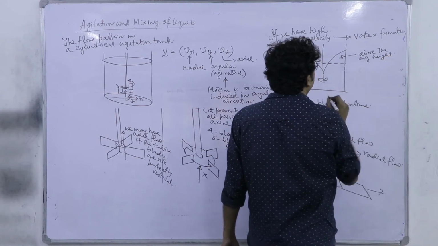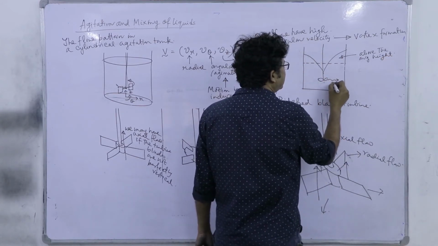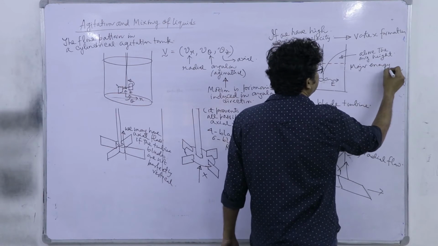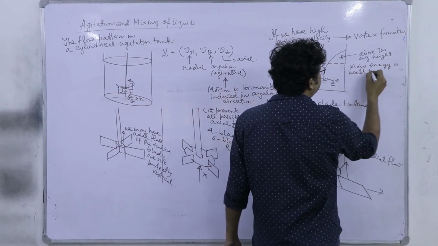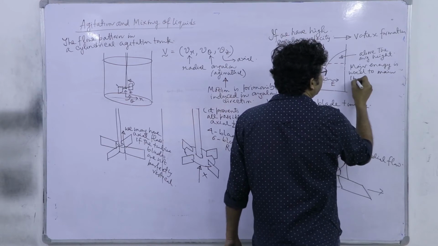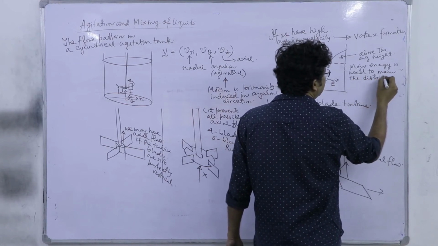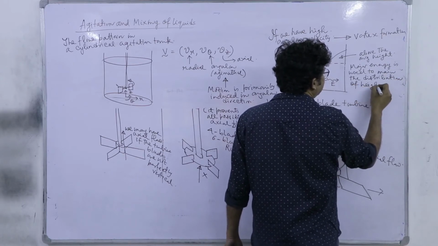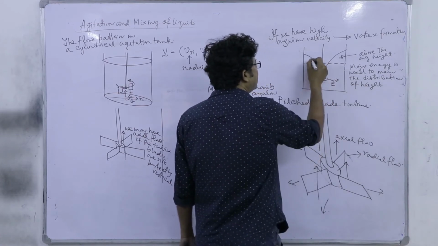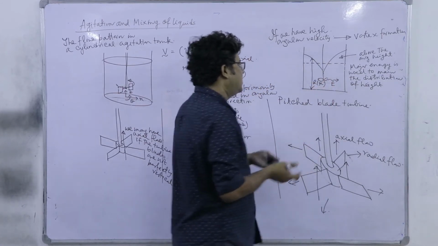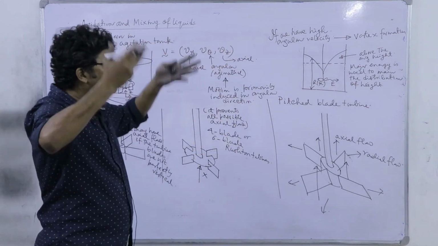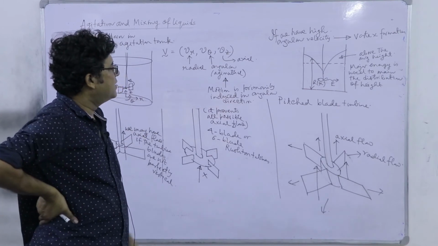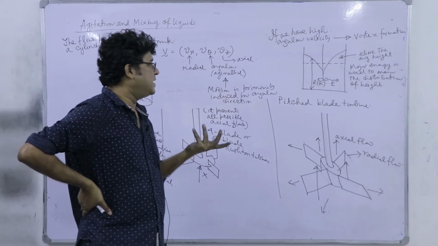Whatever energy you are giving to the system, the major energy is used to maintain the distribution of height, h of r. So the major energy is wasted to lift the liquid above the mean level of liquid. So mixing is in some way impeded.